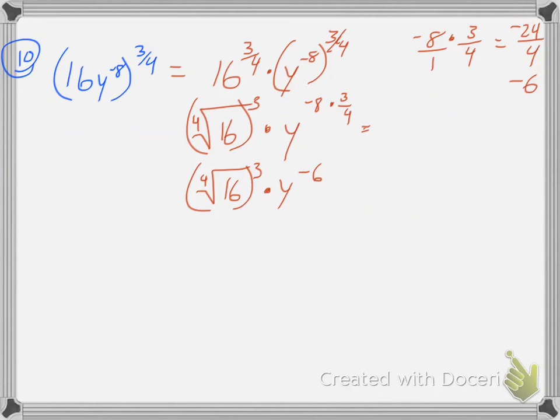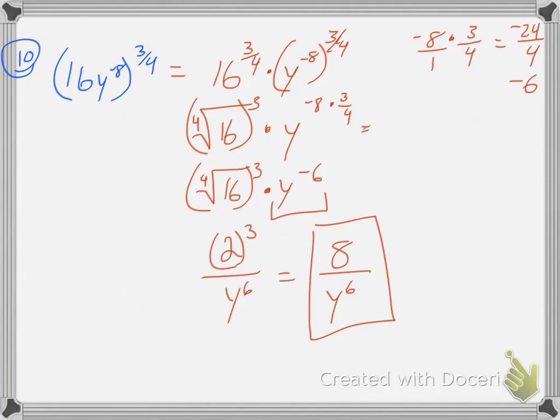So the 4th root of 16 is 2. And I'm going to make this exponent a positive, so I'm going to move it to the denominator. And then 2 cubed is 8, so I have 8 over y to the 6th, and that is my simplified form.